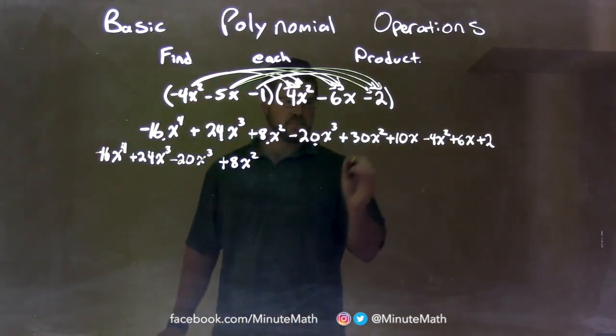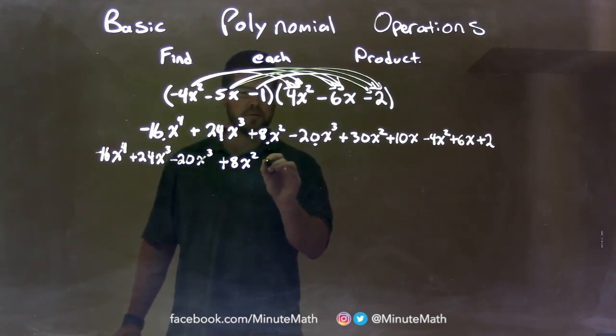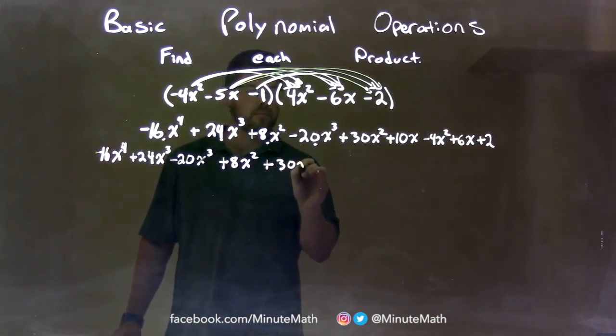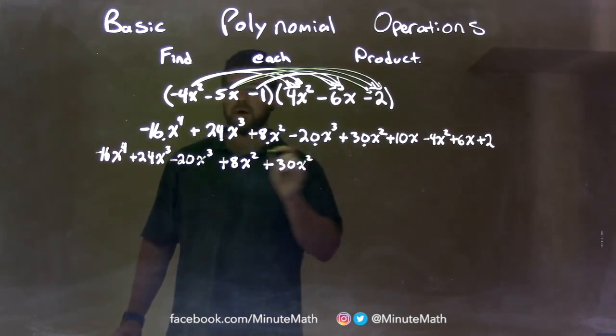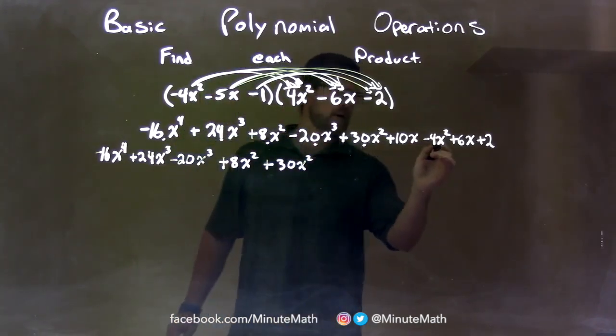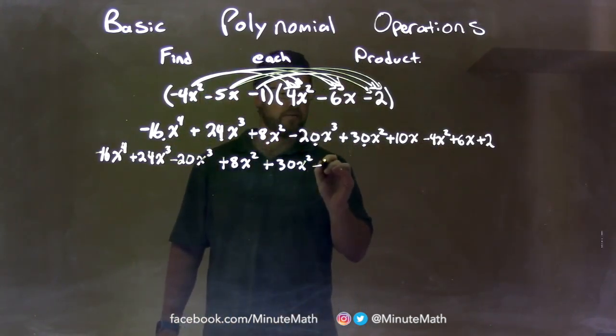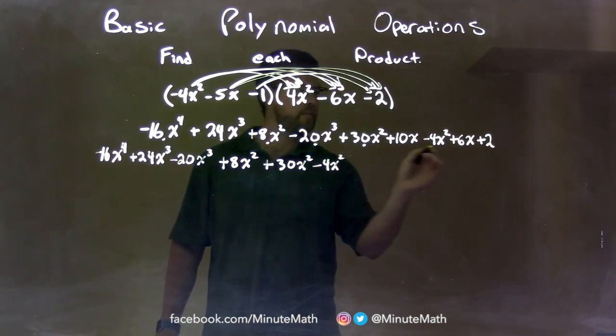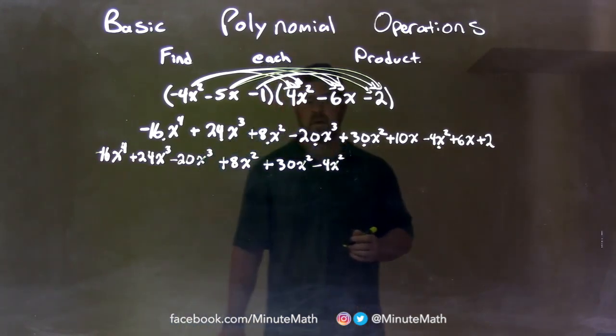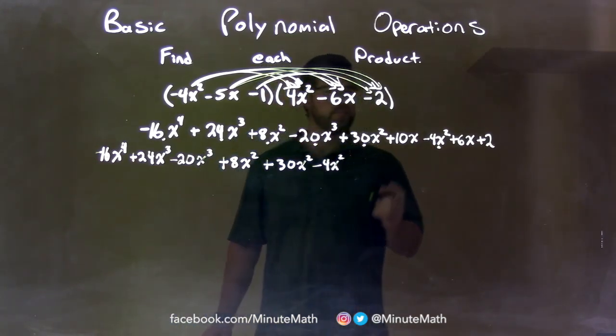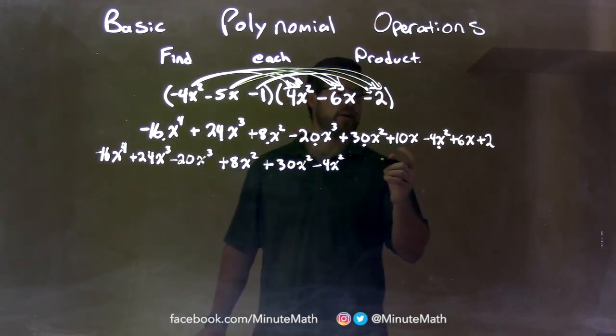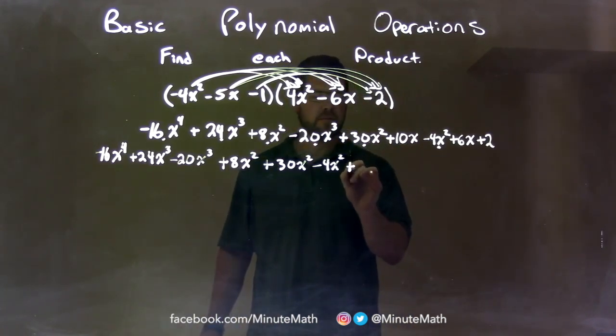Bring down our 30x squared. Okay, we brought everything down so far. All right. And the last x squared is this minus 4x squared. Okay. Then from there we have just the x's, plus 10x.